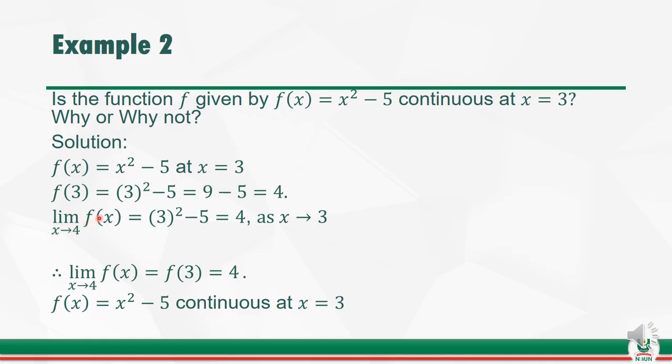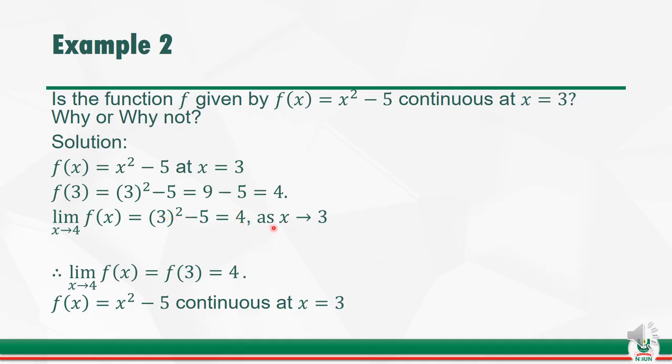Then let's find the limit. The limit of f of x as x tends to 3. There's a mistake here, this should be 3. If you put it in the function, we have 3 squared minus 5, which is equal to 4.